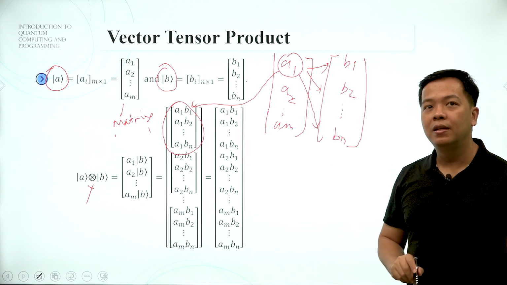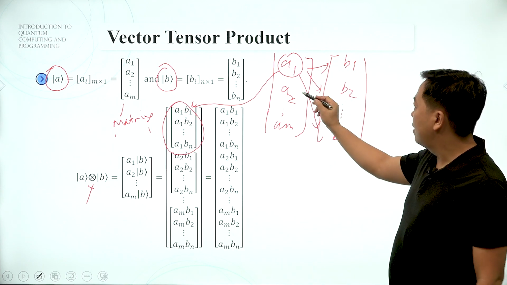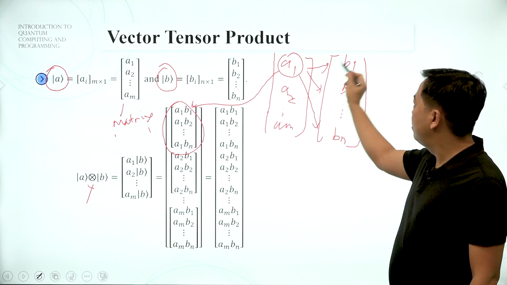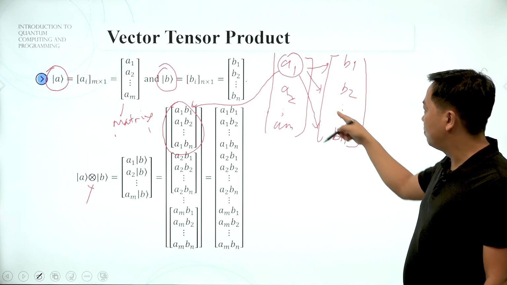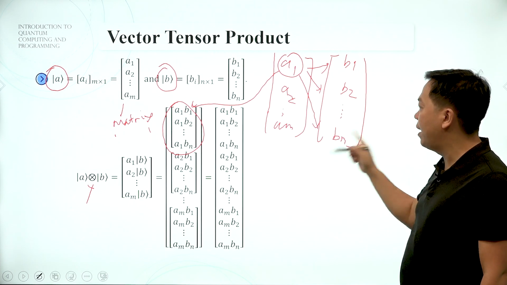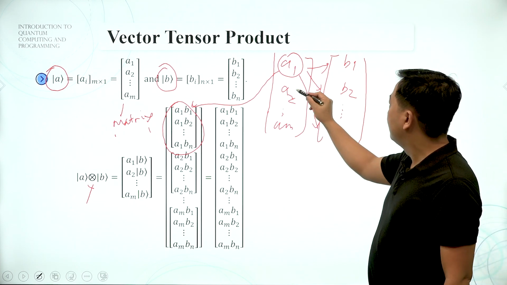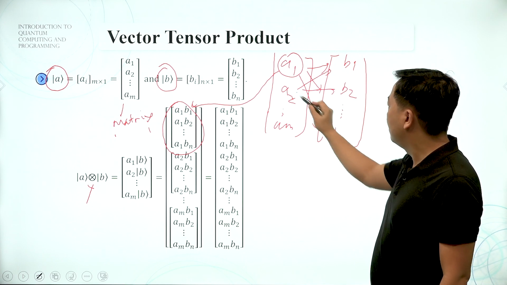Similarly for A2, we have A2 B1, A2 B2, up to A2 Bn.